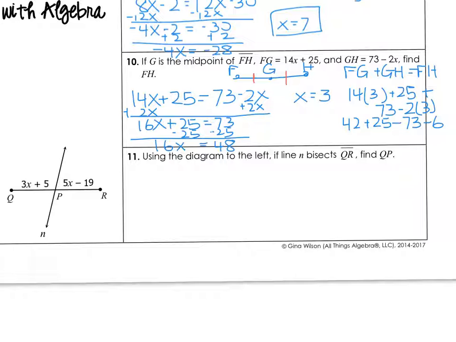Plug that into the calculator. 42 plus 25 is 67. Oh, I must have done something wrong here. Oh, that is a plus sign here. Sorry, that should be a plus sign. I couldn't see my plus. So let's try this again. 42 plus 25 is 67. 67 plus 73 is 140. Minus 6 is 134.